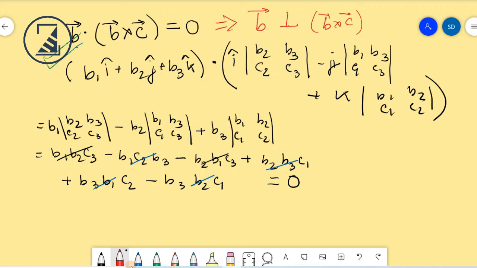Now what about C vector? This I will leave to you to prove. Calculate in the same way C dot B cross C, and this is also going to come 0.